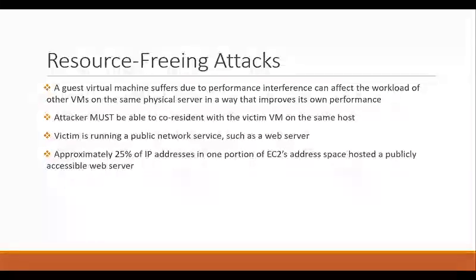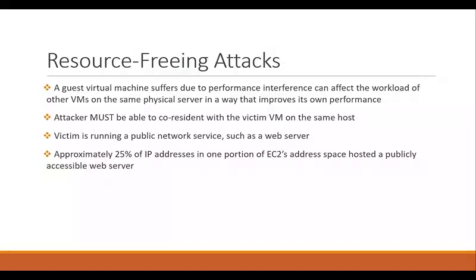So if you use this resource freeing attack, you might be able to drive it to some bottleneck so that you can free the resource that you are interested in. For example, if you are cache intensive, you can drive the other machine's CPU up until you free the cache. We'll see later in more detail.